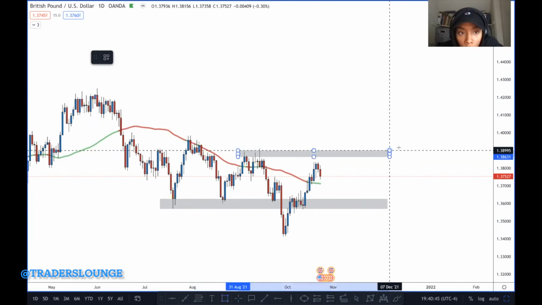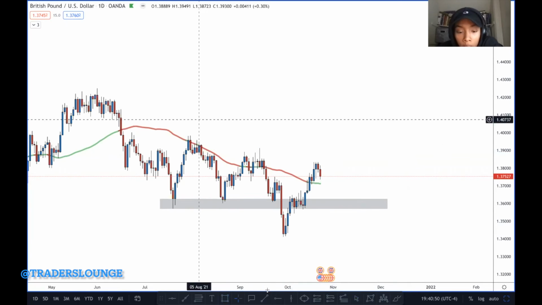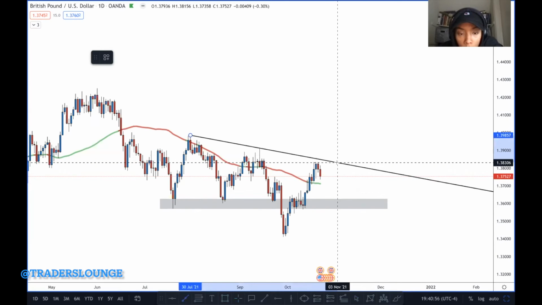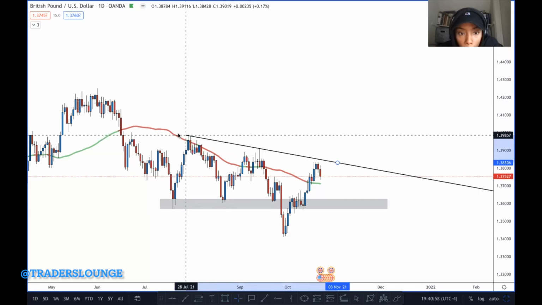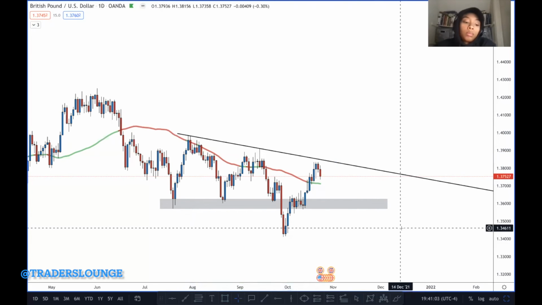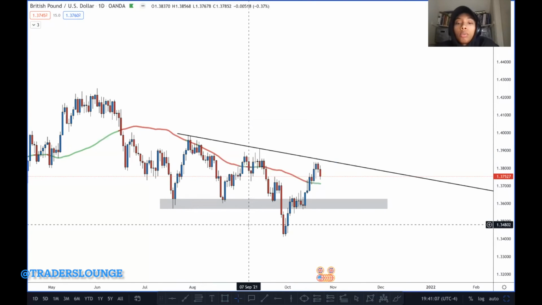Price is making lower highs. This is a daily chart. Yeah, price is making lower highs. Around 4 hours.